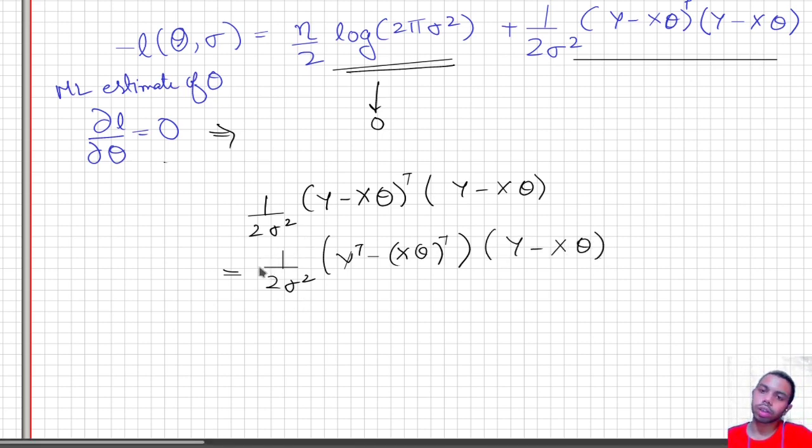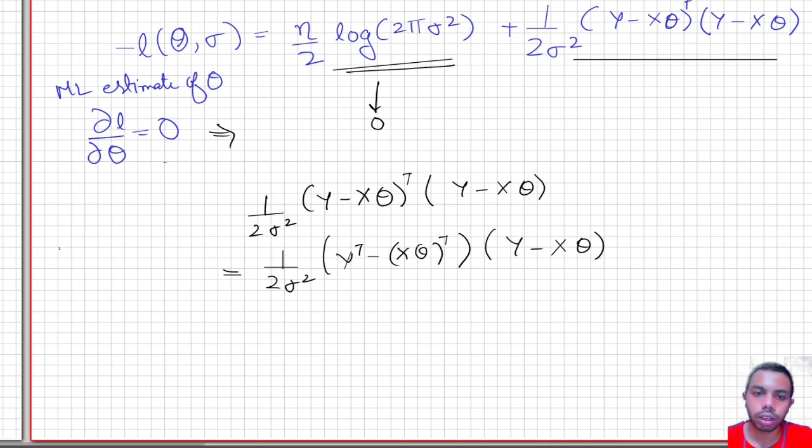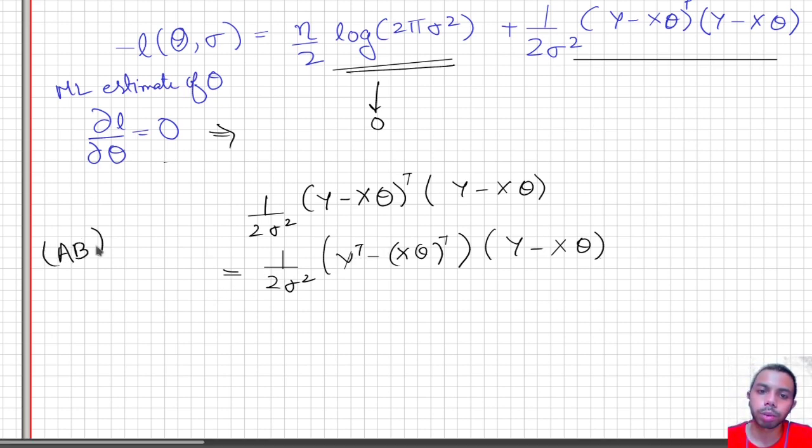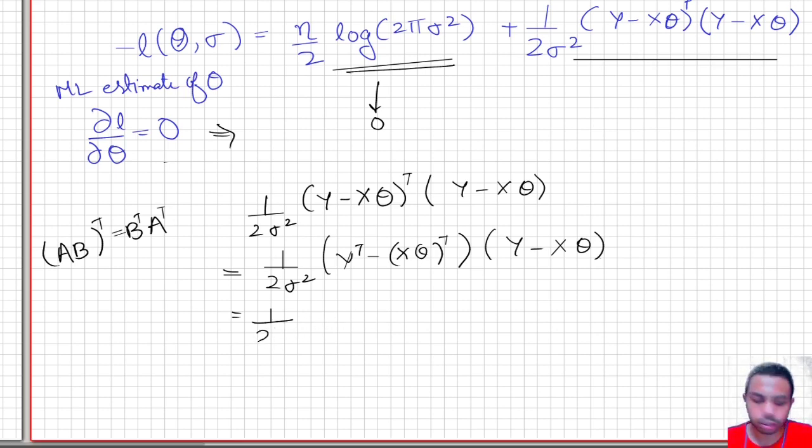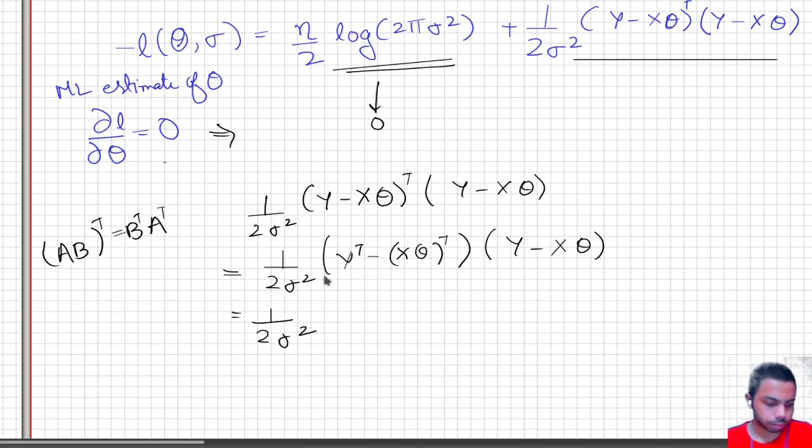Now (x theta) whole transpose would be theta transpose x transpose. I'm going to use these properties, which I think you already know.